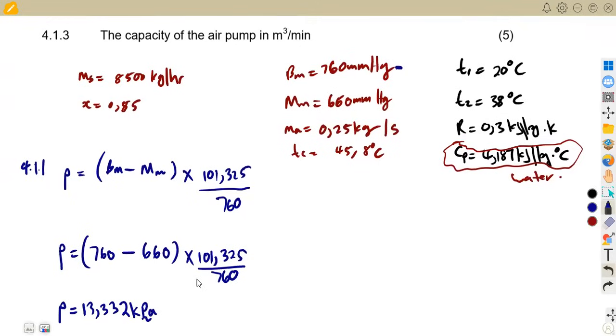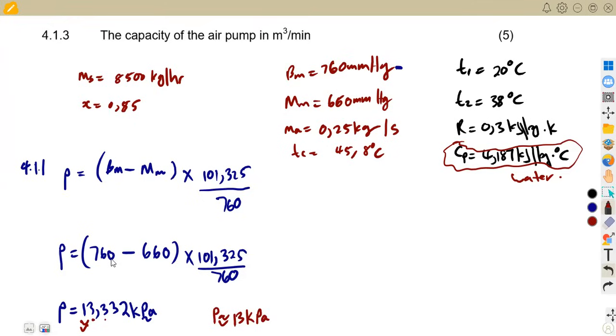It's going to depend on where we are going to use this pressure. If we are to use this pressure to find the enthalpy, we are going to need it to the nearest whole number, so we approximate this to 13 kilopascal. The 3 cannot change this, so it's going to be 13 kilopascal.